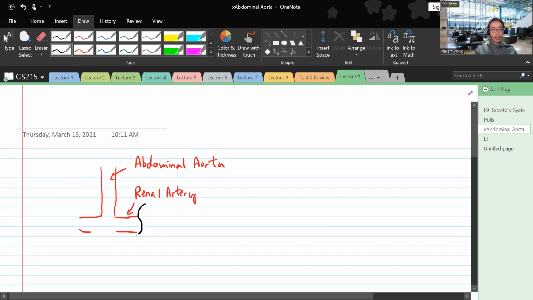Okay, so that's one kidney here on the left side, and then you're going to have the other kidney on the right side. Okay, and this blood vessel will continue to go down to the legs. And after the blood is filtered in the kidney, it will come back out and form the renal vein.